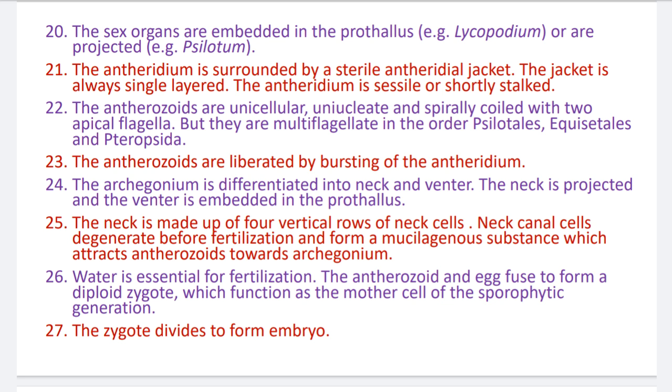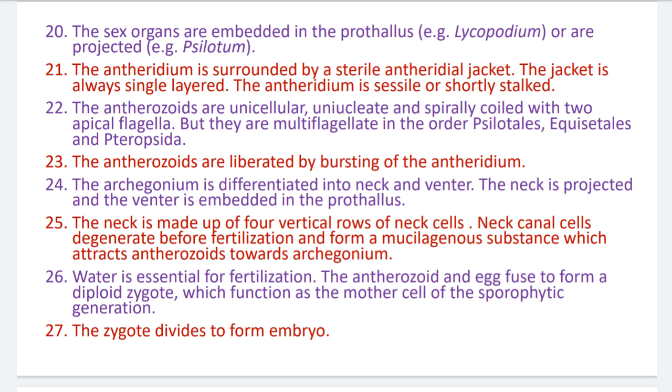Due to the inner pressure of the mucilaginous substance, the cover cells are loosened and the mouth of the archegonium opens. Due to that mucilaginous substance, due to chemotactic mechanism, due to that smell, the sperms or male gametes or antherozoids are attracted toward the archegonium, and they easily enter the archegonium due to this mucilaginous or gelatinous substance.